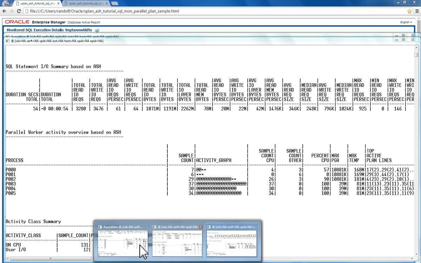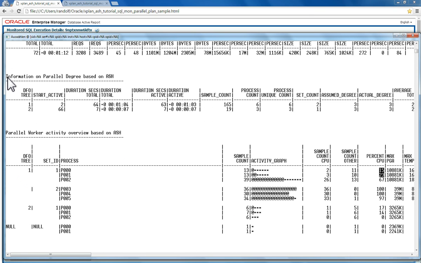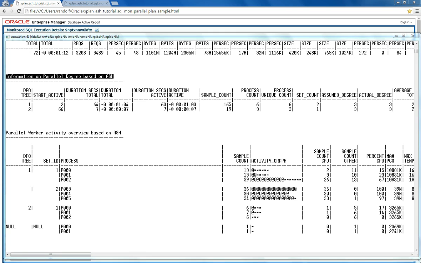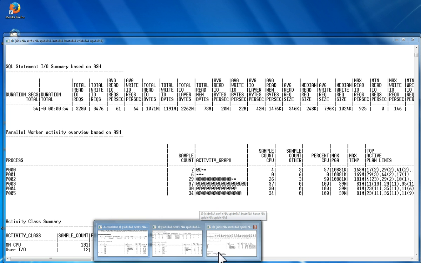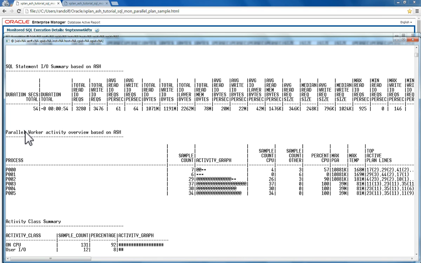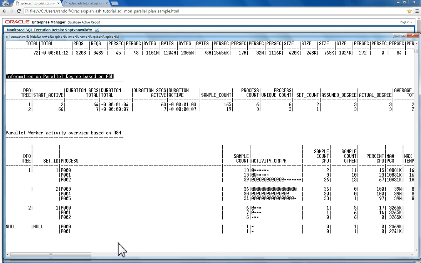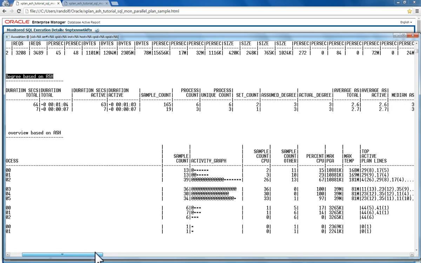And also the previous section, which I talked about in the previous part of the tutorial, will simply be missing, because since it is about the DFO tree information, when the DFO tree cannot be determined, there is no point in showing this section. Therefore, when the execution plan is missing, you see here, it's simply not there, because there's no point in showing it.